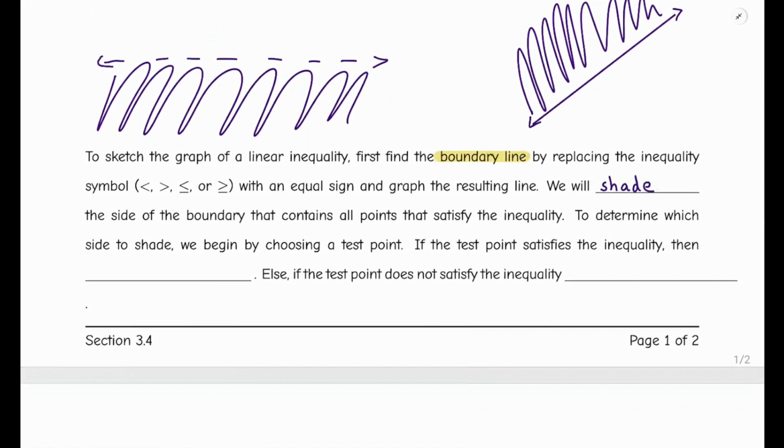To determine which side to shade, we begin by choosing a test point. If the test point satisfies the inequality, then shade that side. Else, if the test point does not satisfy the inequality, shade the other side.